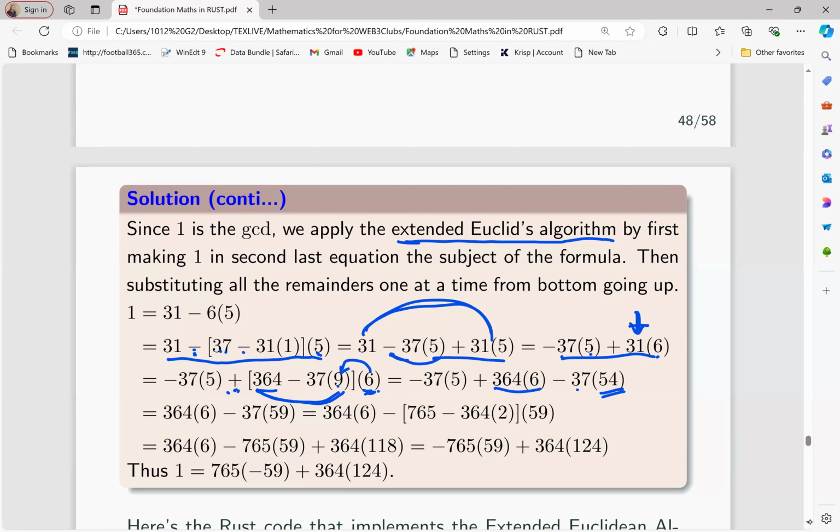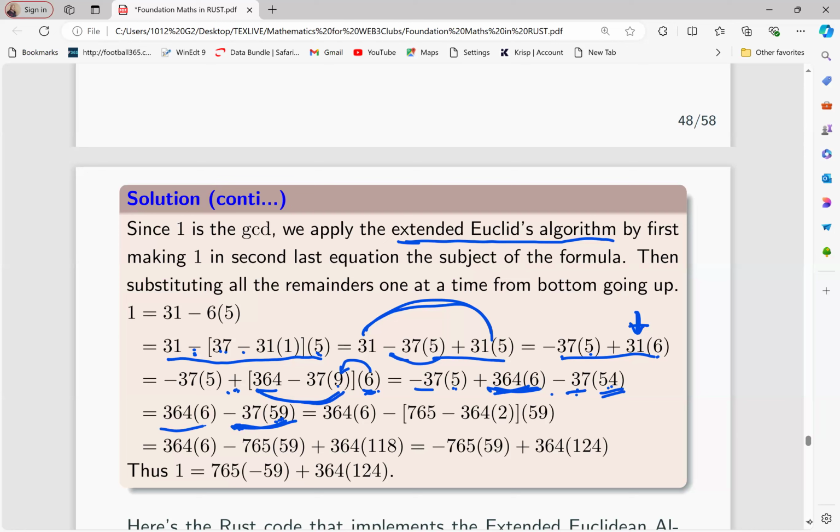That 7 remains. Again, collect like terms. This is negative 37, negative 37. And so what is inside the bracket? 5 plus that is 59. That's what you're seeing there. 5 plus that is 59, multiplied by negative 37.